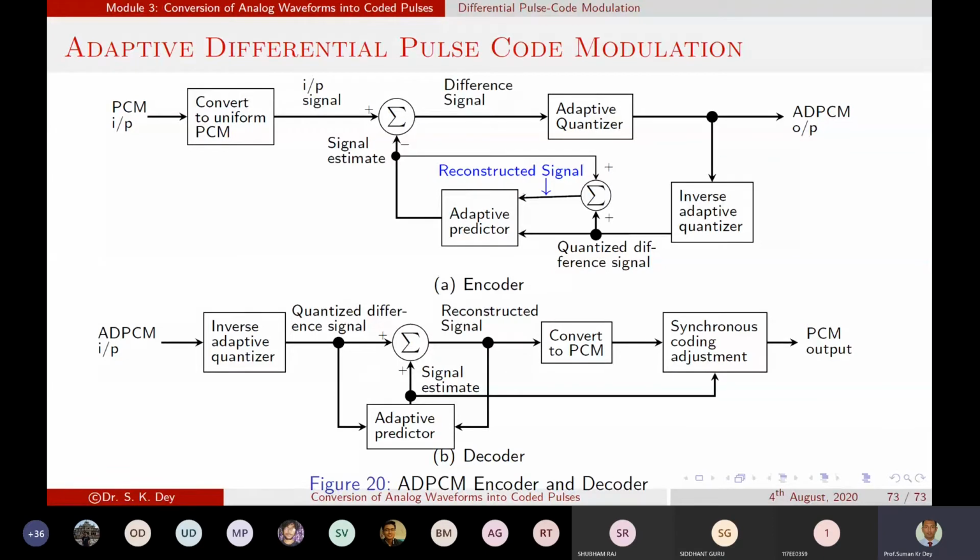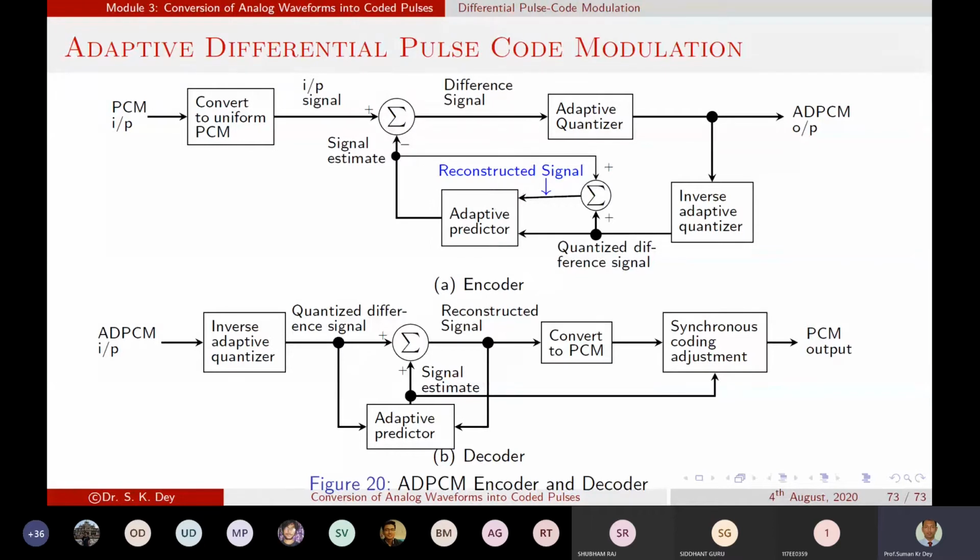In differential pulse code modulation, we do uniform quantization. In adaptive differential pulse code modulation, ADPCM, we quantize the signal in an adaptive nature.